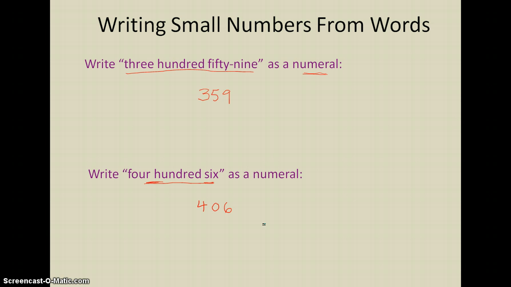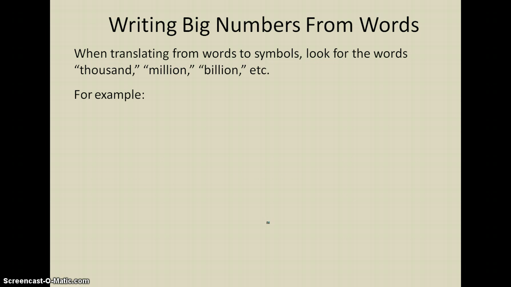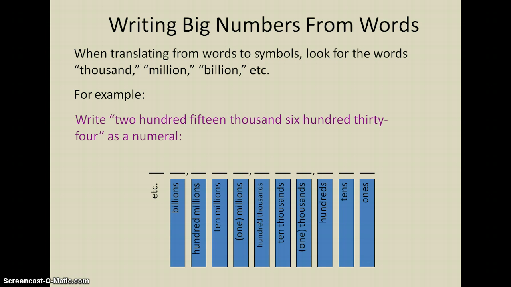Let's look at a couple of longer numbers here. So if I have a number that's pretty big, so say the example here, 215,634. I want to write that as a numeral. One of the things that I'm going to look for are the groups or the names of the groups or periods that numbers are broken down into with place values.